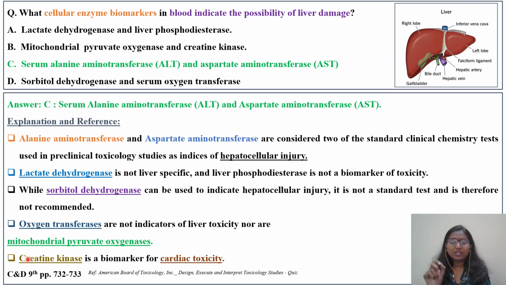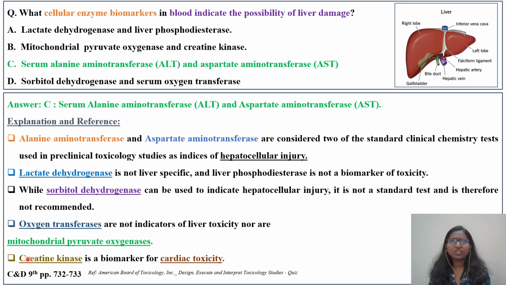Those two are used as biomarkers for kidney. So whenever kidney is the target organ of toxicity, at that time serum creatinine, blood urea nitrogen, total bilirubin, total protein, like that, many other biomarkers are there to identify kidney toxicity also.